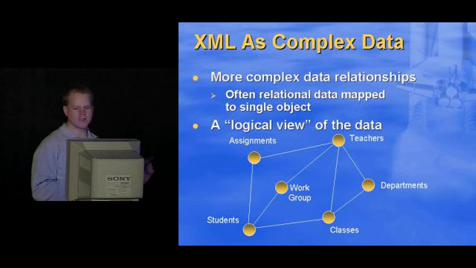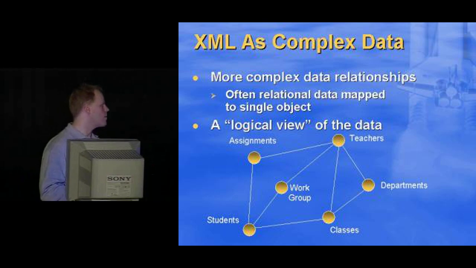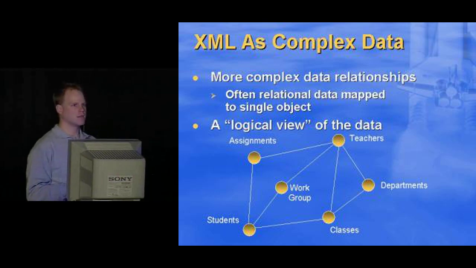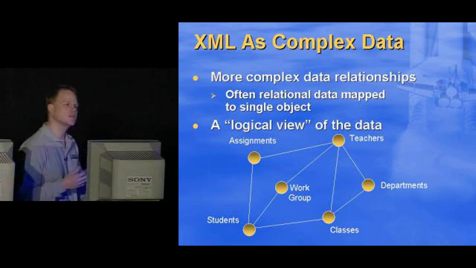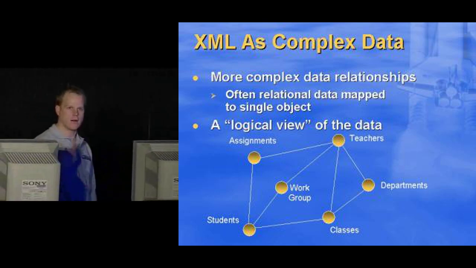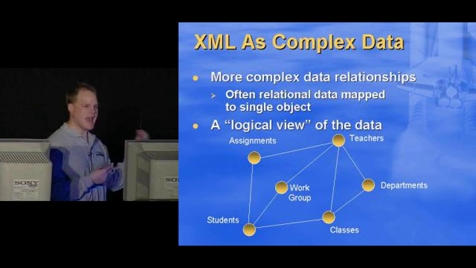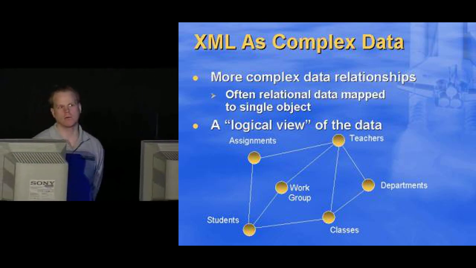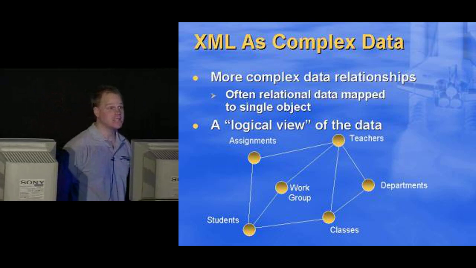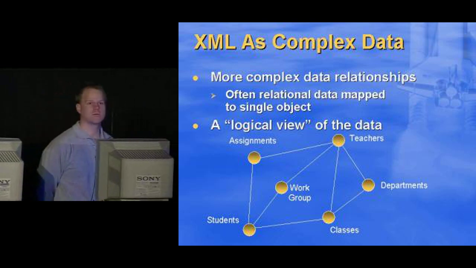Students take classes. Those classes are offered by departments, and the departments are where the teachers are from. So you can see the different types of complex relationships that are inherent in data, and XML is an excellent way for you to describe those complex relationships in an easy-to-read, non-platform specific format.